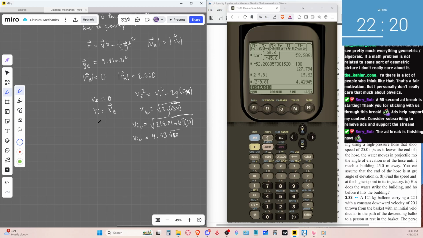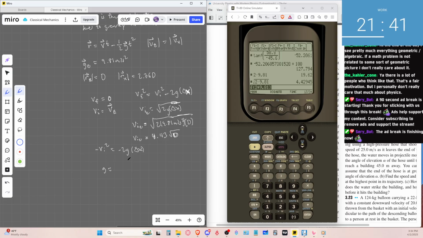So basically, when it comes to the final velocity and the initial velocity, technically we know what the initial velocity is, we just don't know what g is. So in this case, we can subtract and then 2g x, then divide.